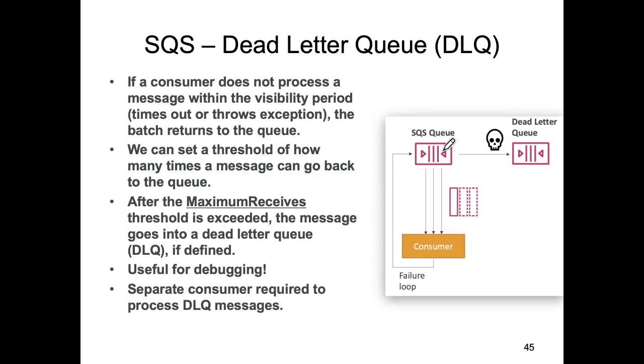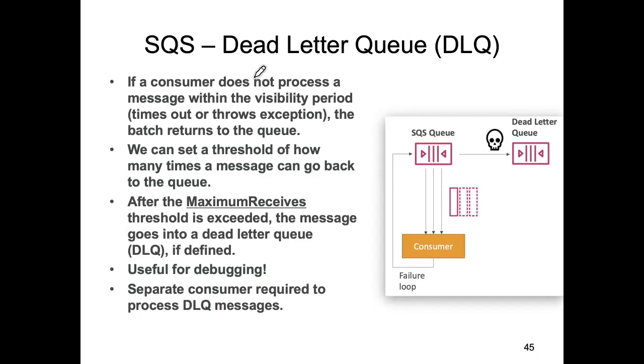Do you give the consumer more than one opportunity to try and reprocess the faulty message? That may make sense in some scenarios, and not in others. But you connect up these two queues and nominate this as the dead letter queue, and that essentially tells SQS where it should put faulty messages from the main queue.